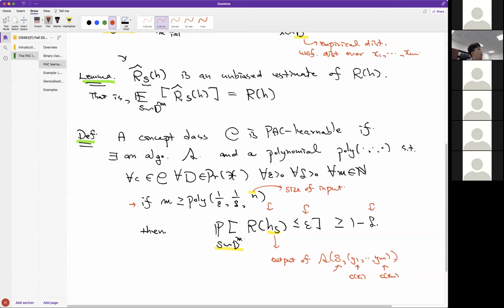In the problems we talked about before, for instance learning a conjunction of variables, the size of the input corresponds to the number of variables. The specific example we talked about had n equal to 4, but n can vary. If we think about more variables, then n can be larger. So this is the definition of PAC learnability.